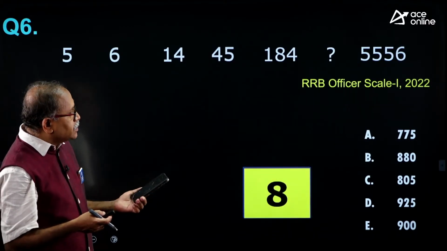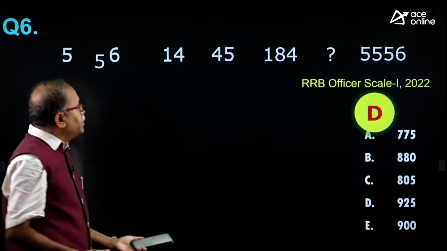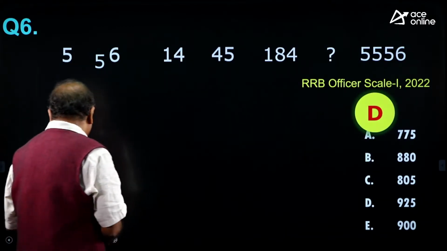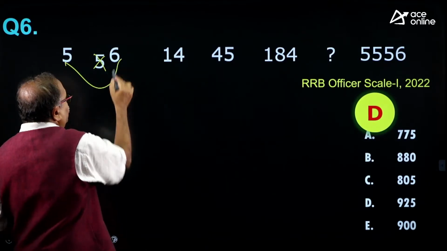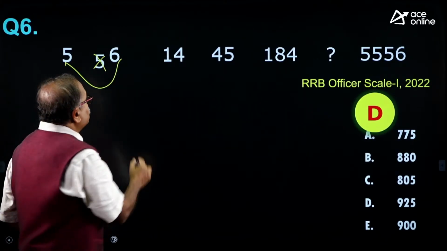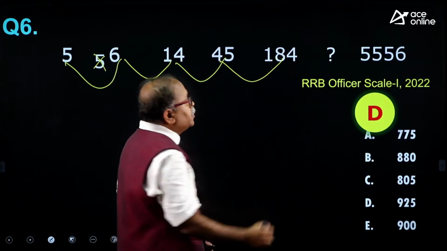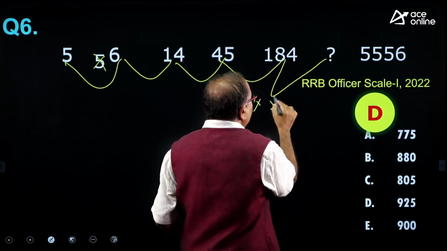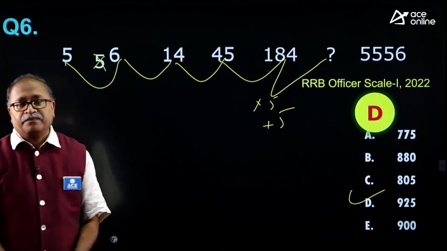So, I will check if 925, option D, is correct or not. Yes, that is right. Beautifully notice that from here to here, this 5 by default comes into 1 plus 1, into 2 plus 2, into 3 plus 3, into 4 plus 4. So, I should go for into 5 plus 5, and you are getting 925.